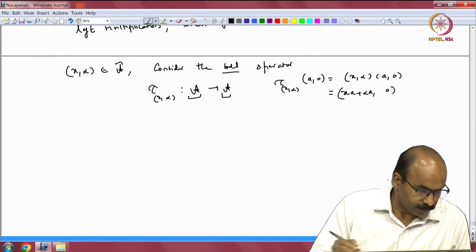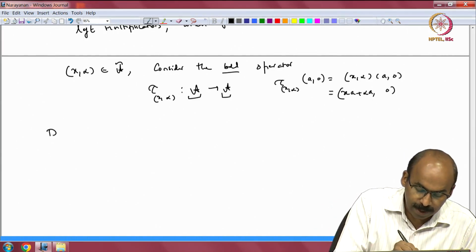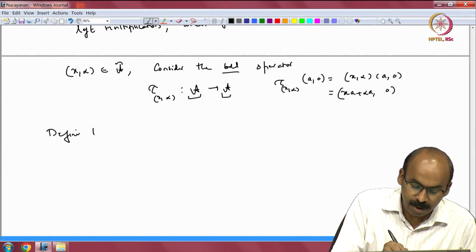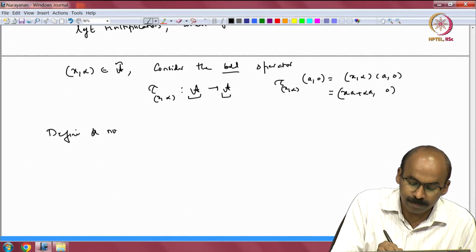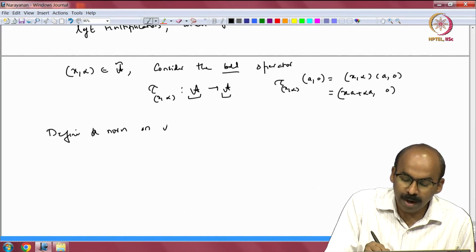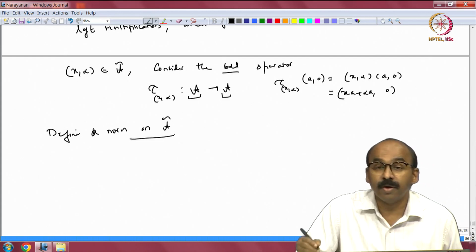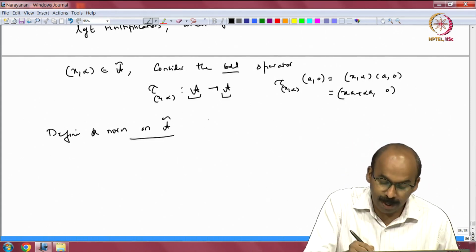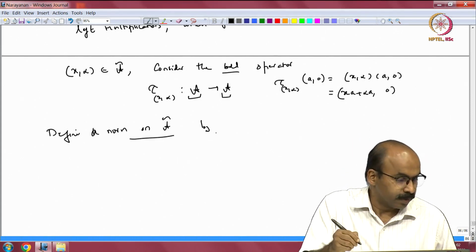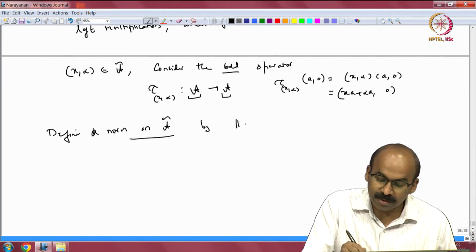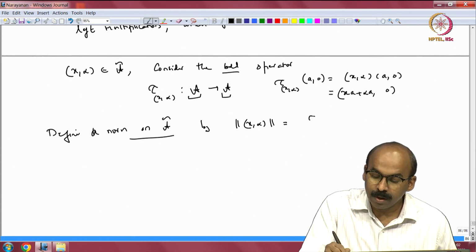Okay. Now, define a norm on A tilde. So, now I am going to define a norm on A tilde by: the norm of x alpha to be, you look at this operator tau x alpha and look at the operator norm.